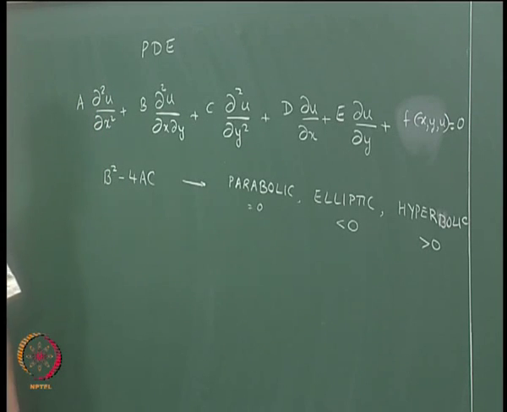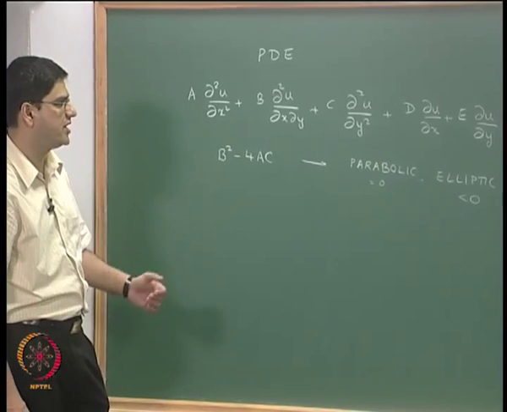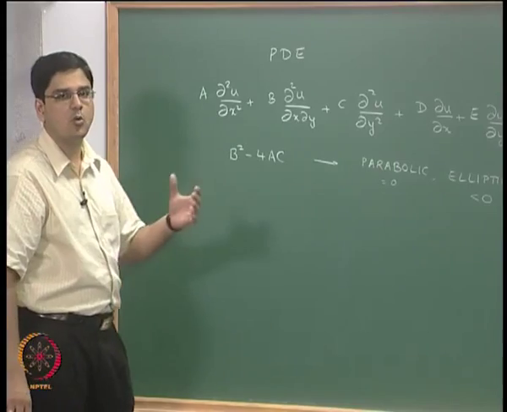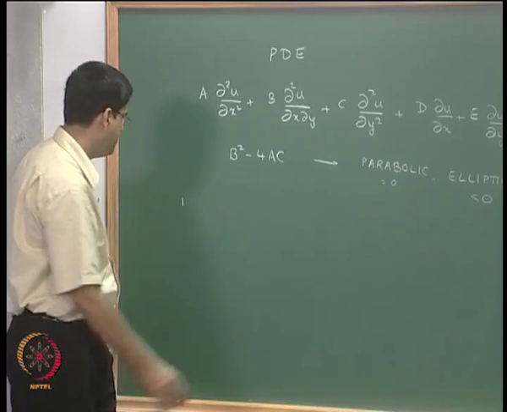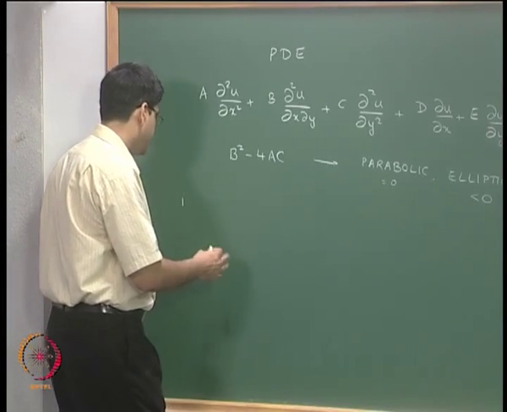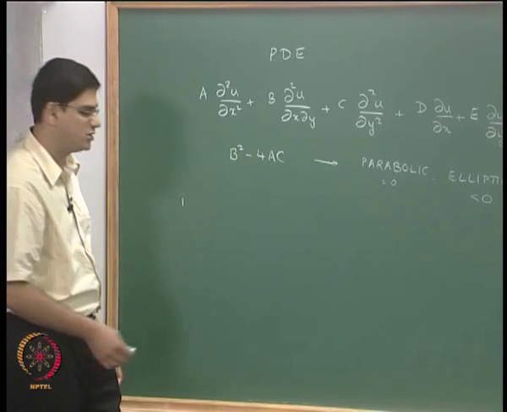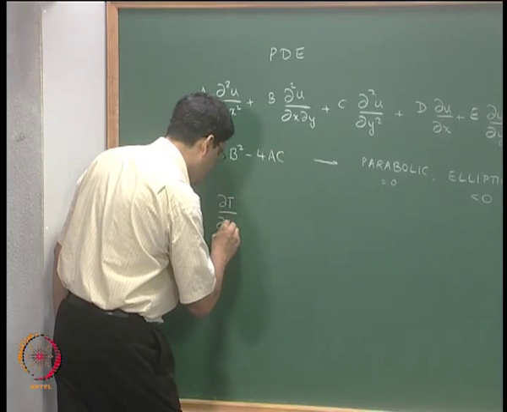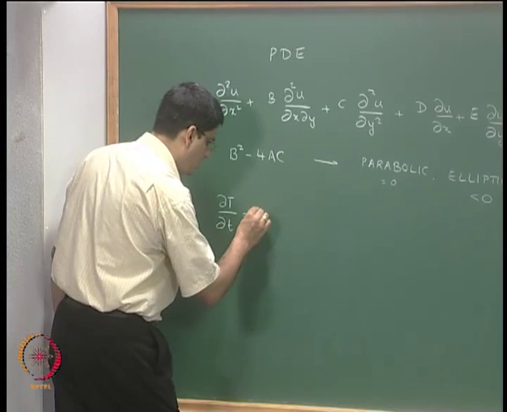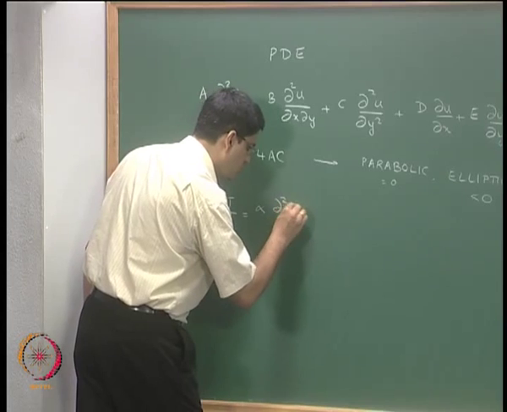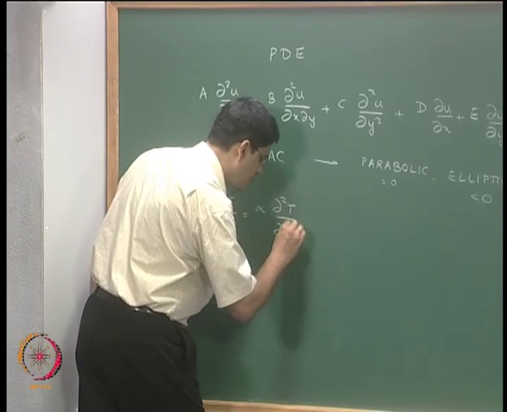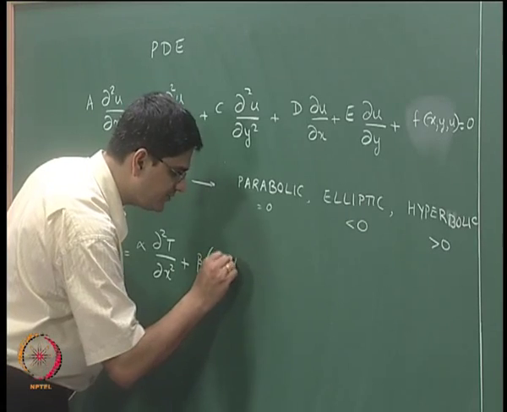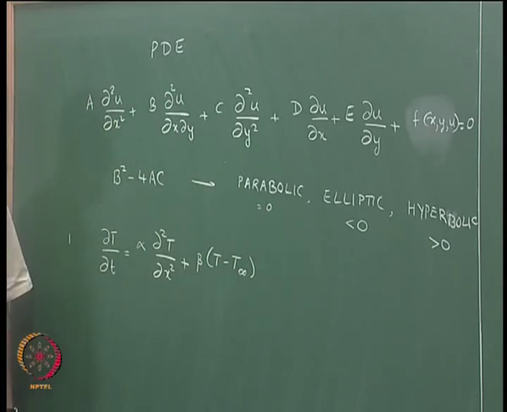And we took three examples, one each of parabolic, elliptic and hyperbolic equations. For the parabolic equation, the example we took was a transient plug flow reactor and a transient heat transfer problem in a rod, and the equation would be ∂T/∂t = α ∂²T/∂x² + β(T − T∞).